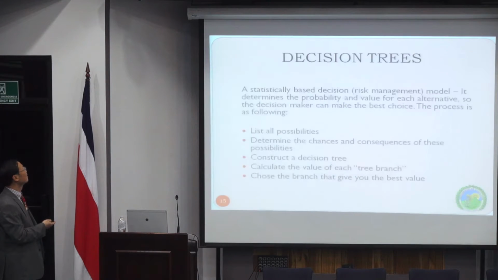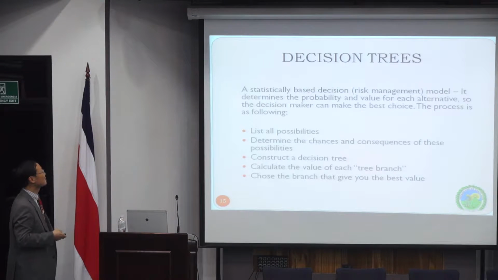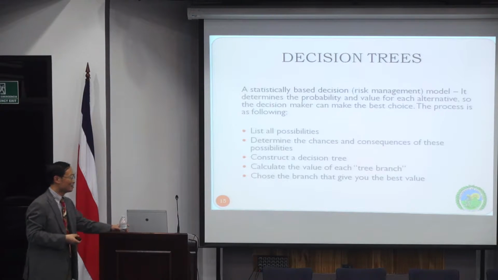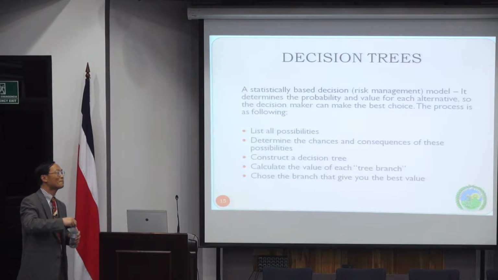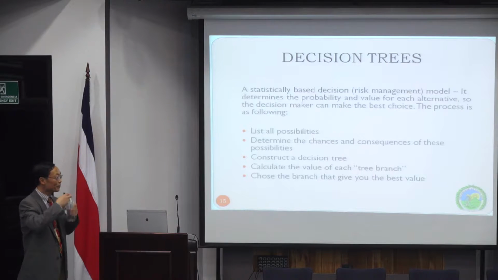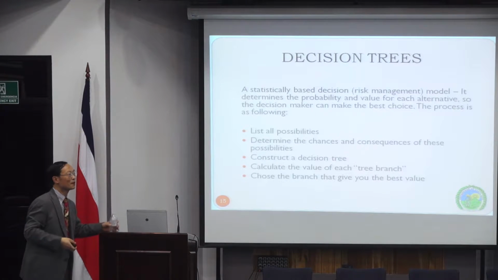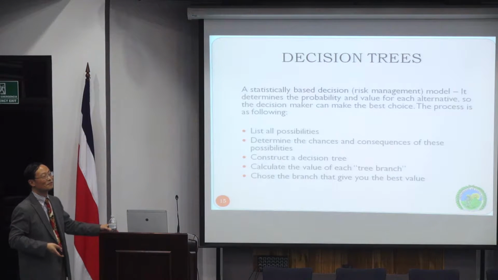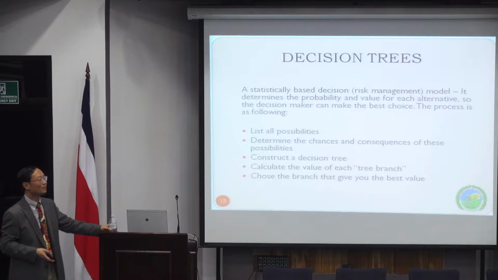I just don't have to give us another example. So another decision tool is called decision tree. Decision tree is not as popular as life cycle cost analysis, because when we make project decisions, we use that quite a lot.